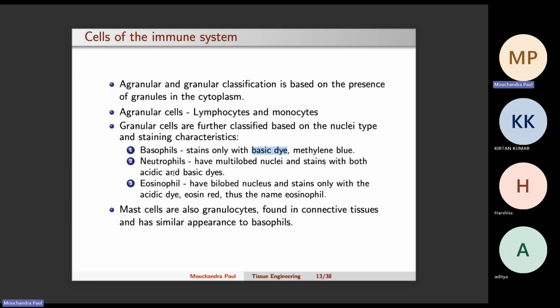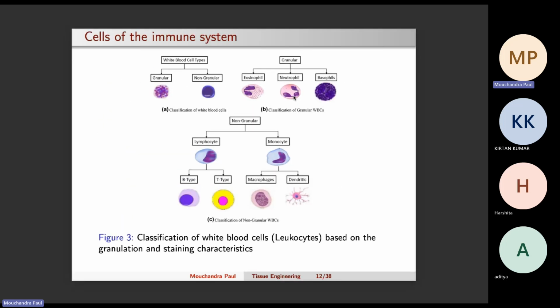Whereas the neutrophils, when observed under the microscope, contain a large number of nuclear lobes. Here, this is the neutrophil. This reddish purple is the nucleus, and you can see the nucleus is divided into three compartments.